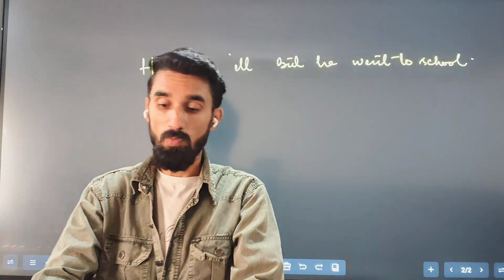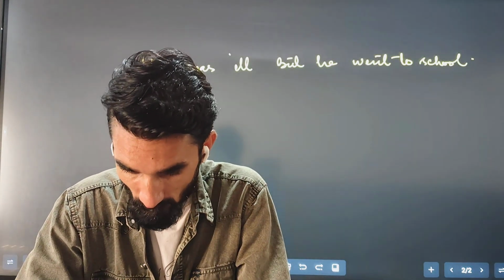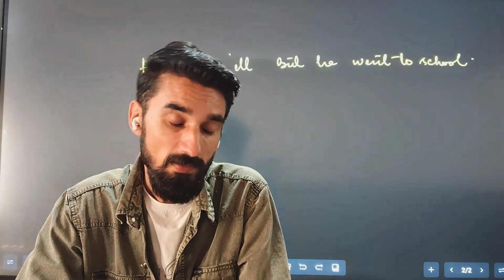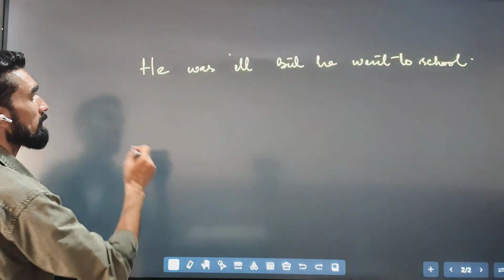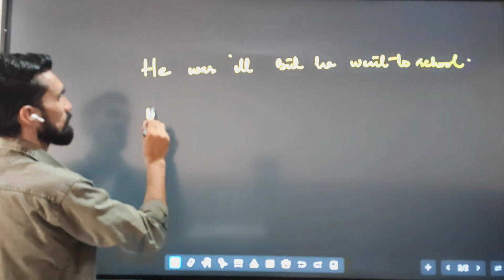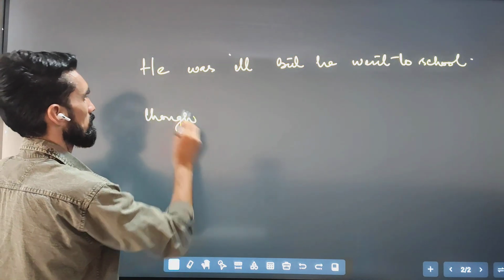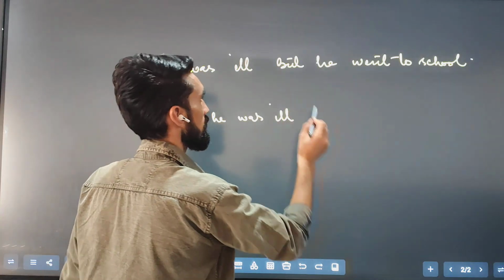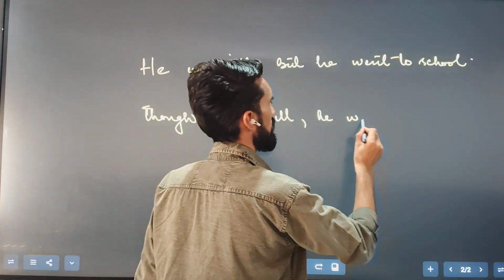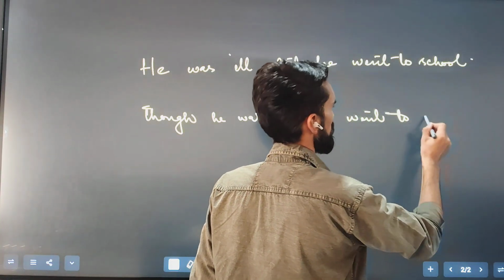Now if you change it into a complex one, what you need to do there is put one clause as dependent and another will be independent. So it will be changed like: Though he was ill, he went to school.